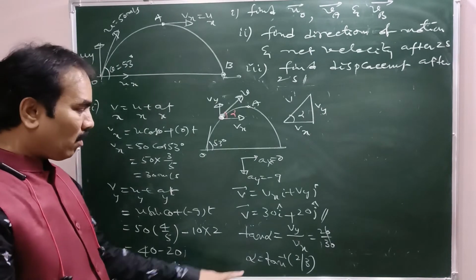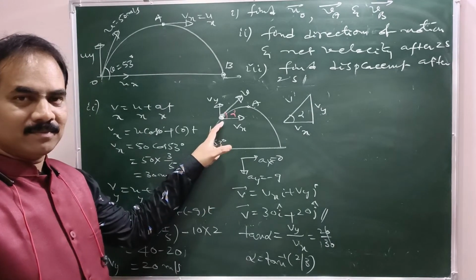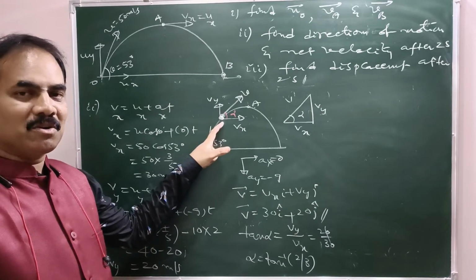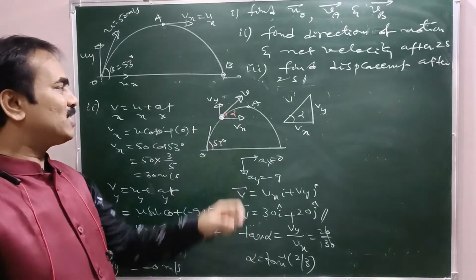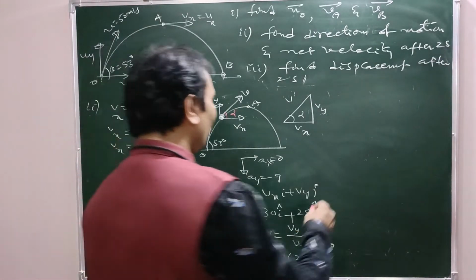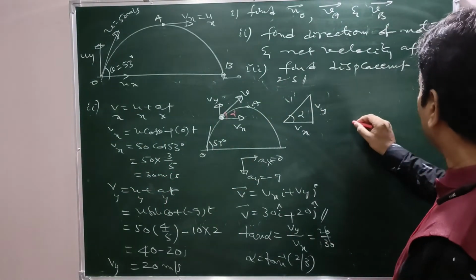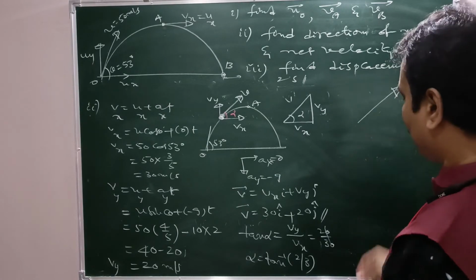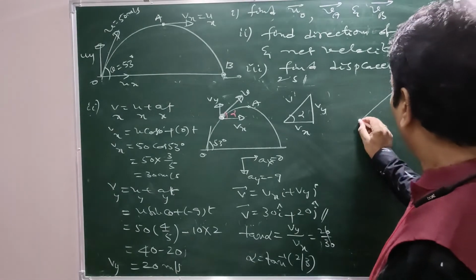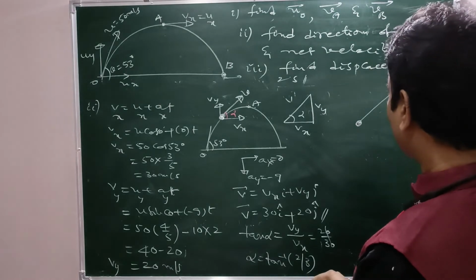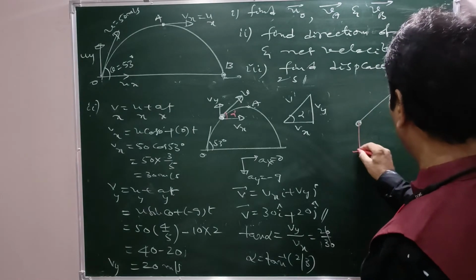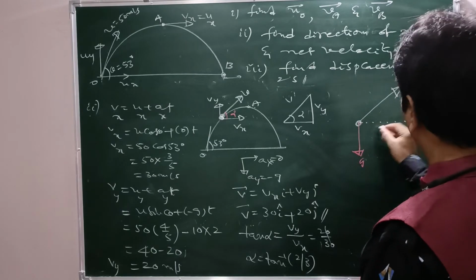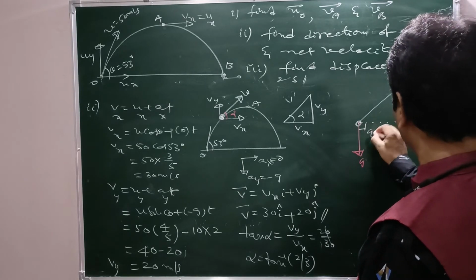Now at the same instant, what is the angle between acceleration due to gravity and instantaneous velocity? Suppose this is the velocity V. Now at this point, what is the direction of acceleration due to gravity? Vertically downwards, g. Now this is the horizontal. What is the angle here? 90 degrees.